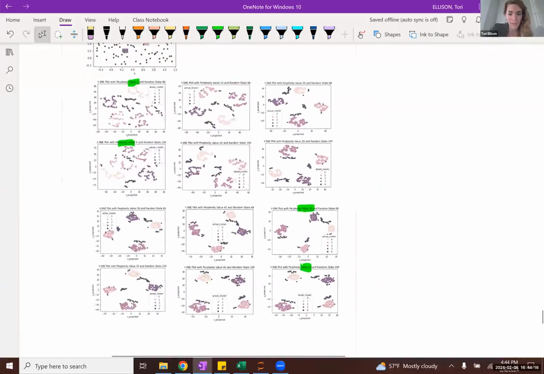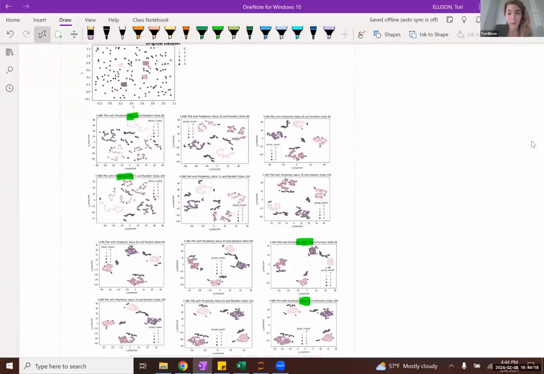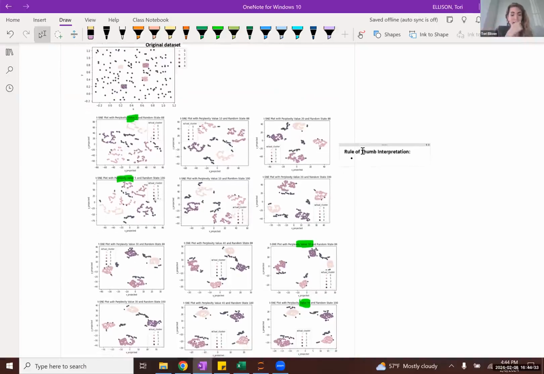Okay. Now, unfortunately, if I were to use my rule of thumb interpretation, I would actually end up making some wrong interpretations about what the original data set actually has going on.